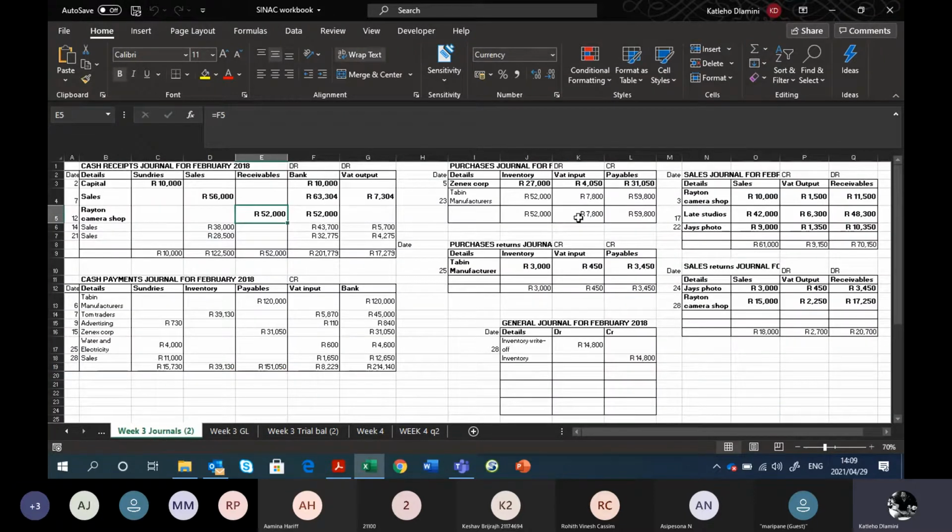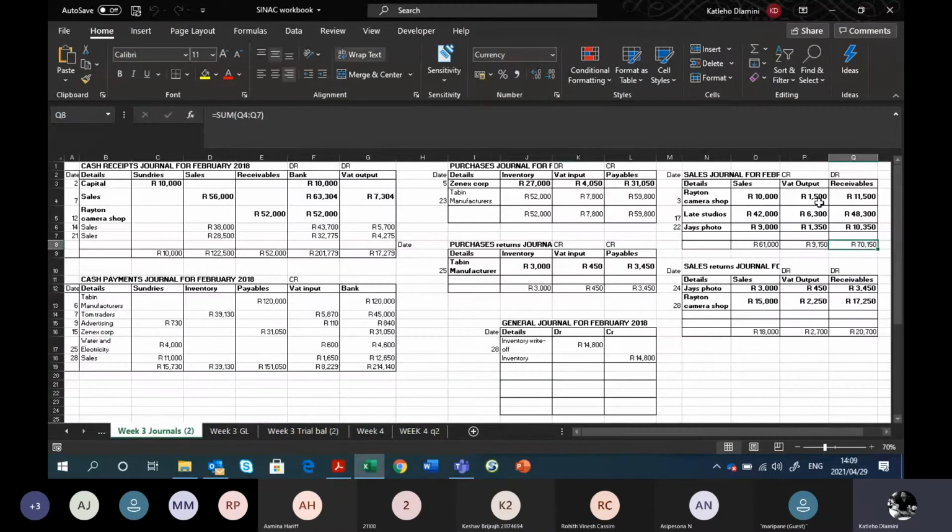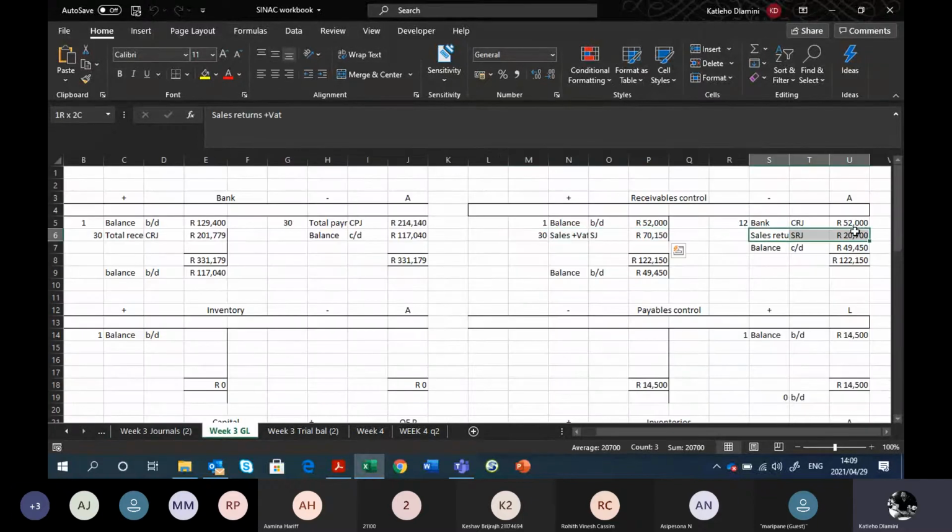52,000. The next thing for receivables is our credit sales of 70,150 Rand, which I put over there, sales and VAT. And then finally, our receivables had that sales returns of 20,700 Rand, which I then put on that side to reduce my receivables.